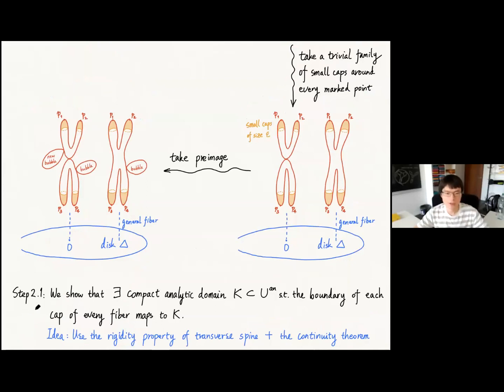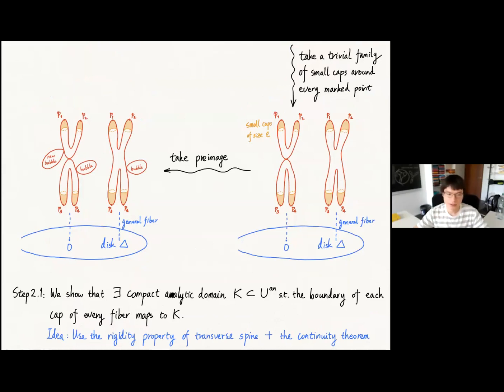Step 2.1, we show that there exists a compact analytic domain K in U analytic such that the boundary of each cap, this orange cap, of every fiber maps to the compact analytic domain. The idea is to use the rigidity property of transverse spans plus the continuity theorem.